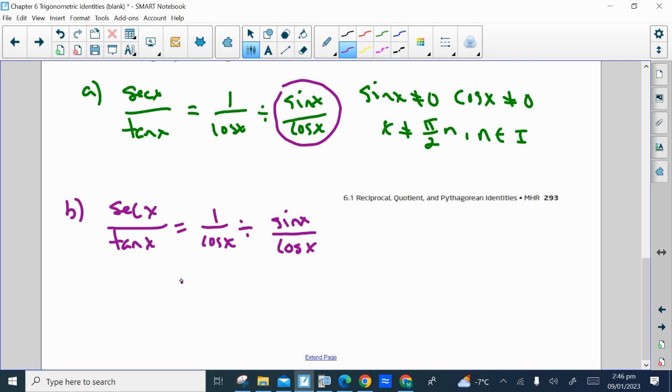But now we want to simplify this. To divide by a fraction, you multiply by the reciprocal. In this case, when you do that, the cosine x's cancel, and you're left with 1 over sine x. That's what it simplifies to. You could write that as cosecant if you wanted to.